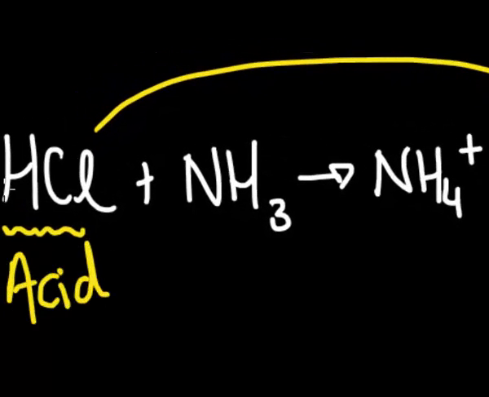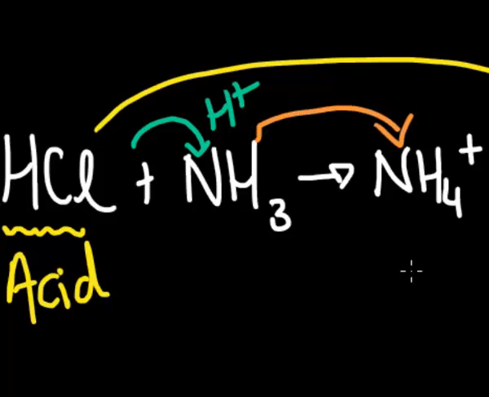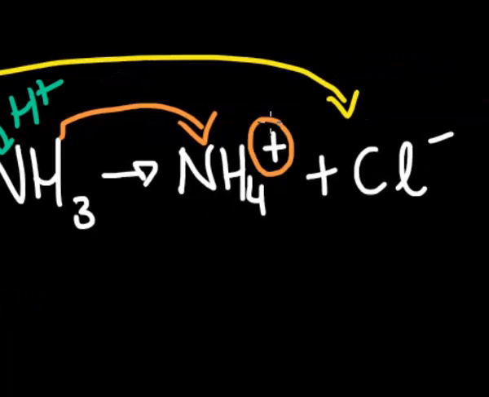If we take a look now at the ammonia, it accepted this hydrogen ion coming from the hydrochloric acid and ended up forming our ammonium molecule. Because it gained an additional hydrogen, it becomes now NH4+. And remember that we gain this charge because we've gained the charge coming from the hydrogen ion.